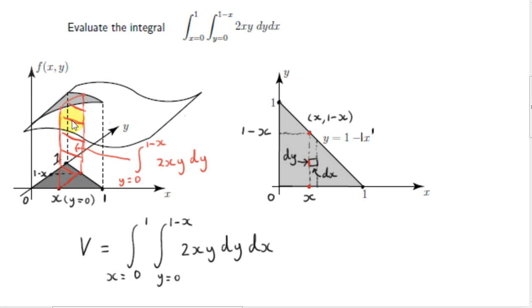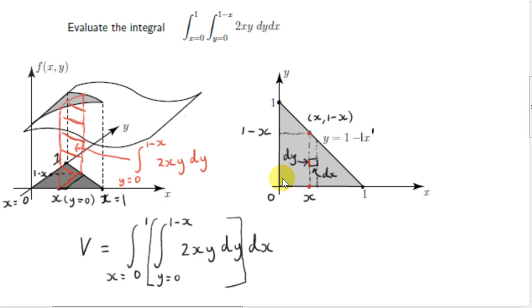To get the volume under the surface, we need to sum all these cross sections from x equals 0 to x equals 1. So that's where the second integral comes in. So we will have slices, not just cross sections, slices of width dx.